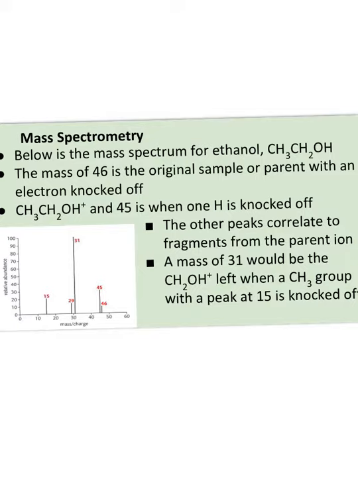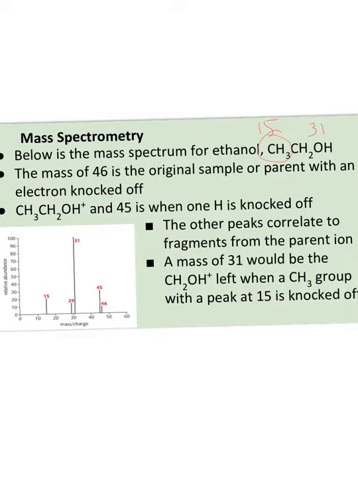If I look at 31, that means a mass of 15 has been knocked off, which we said would have to be a CH3 group. If the CH3 group is knocked off, that takes 15, and then my CH2OH is going to leave me a mass of 31. So that makes sense, and 31 and 15 adds back up to the 46.